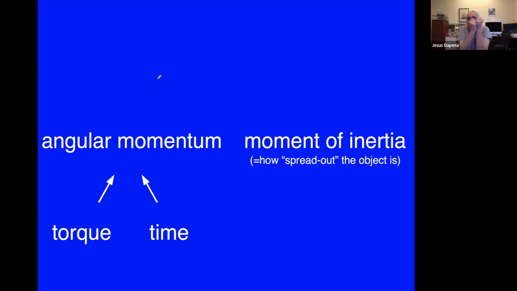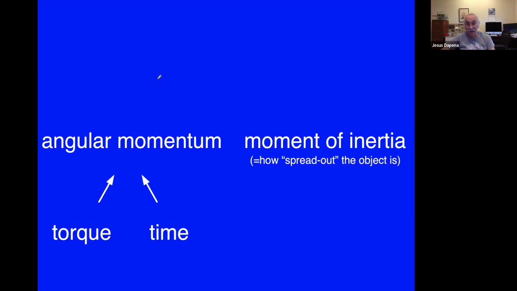But if I do this, my moment of inertia becomes smaller. So for a given amount of angular momentum, you can decide, I want to rotate slow or I want to rotate fast. With a given angular momentum, if the moment of inertia is big, slow rotation. If it's small, fast rotation.